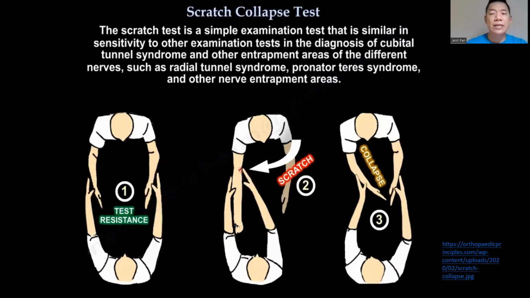So if the patient has a right side cubital tunnel syndrome, there will be a sudden weakness of the external rotators of that shoulder, which can be demonstrated not just by sitting, but also by standing. So this kind of effect will last for a couple of minutes, and then it vanishes again. So it will be washed out. So by this, we can suspect or diagnose clinically by physical examination, showing that this patient may have cubital tunnel syndrome using the scratch collapse test.